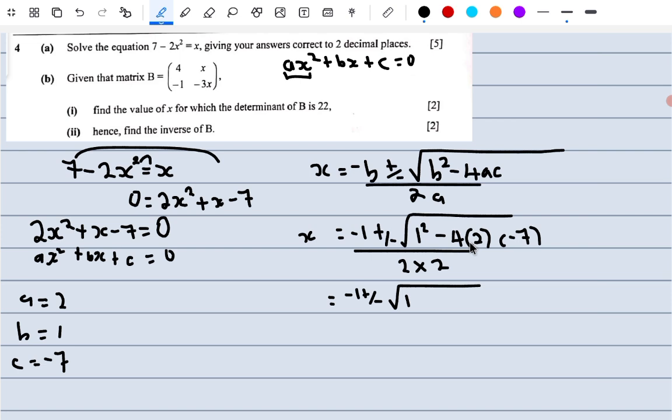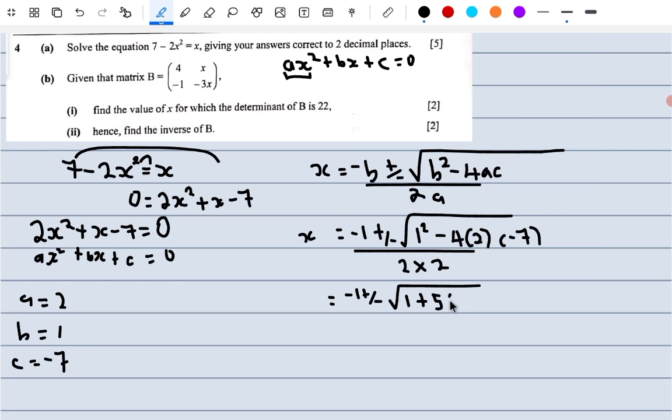You need to be careful with the signs. So 4 times 2 is 8, times 7 is 56. Now remember, there's a negative and a negative. This becomes plus 56.